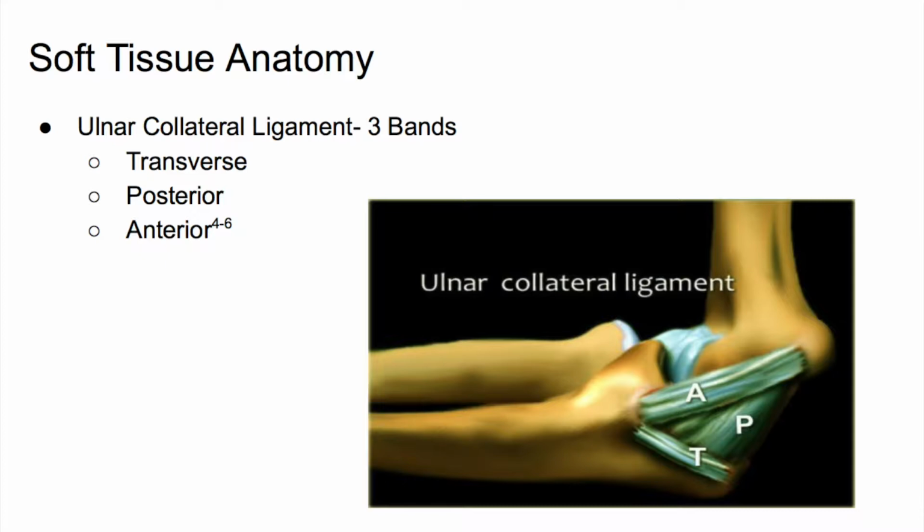The anterior bundle originates on the medial epicondyle and inserts on what used to be thought of as the sublime tubercle. However, recent cadaveric dissections have found a new insertion known as the ulnar collateral ligament ridge, which is a broader bony protuberance found along the medial ulnar shaft.